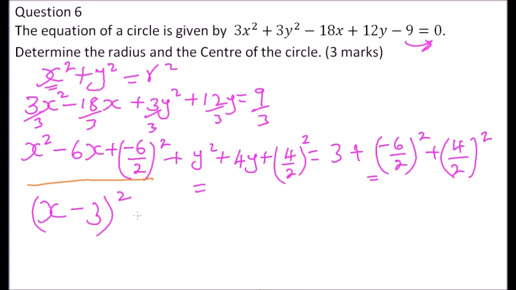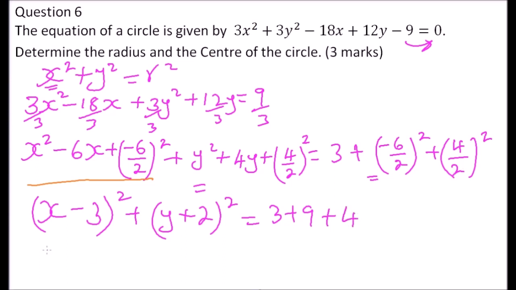The y will give us y plus, then we have (y plus 2) into bracket squared is equal to, so this will be 3 plus minus 3 over 2 squared, which is 9 plus 4 divided by 2 squared, you get 4.